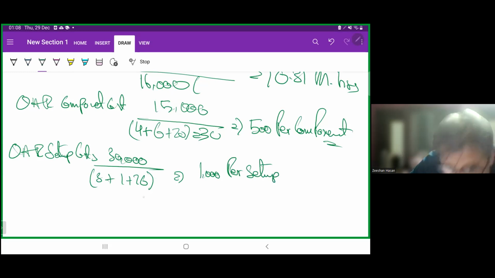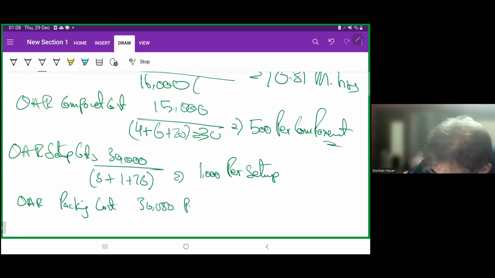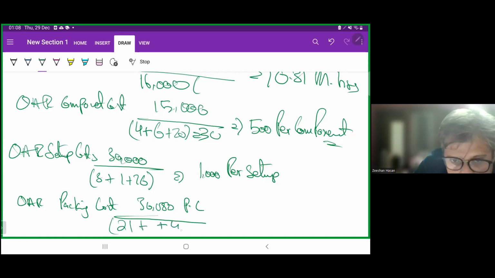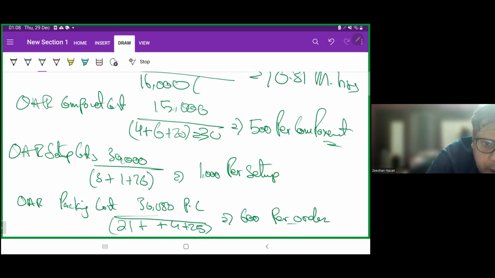Overhead absorption rate, packing cost: 30,000 packing cost divided by 21 as given, plus 4 plus 25 orders. The total is 600 per order. So we are done with step 3 as well.